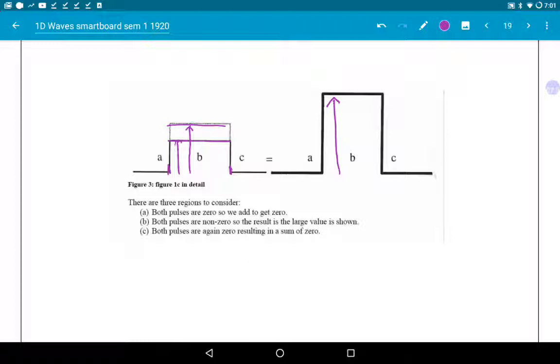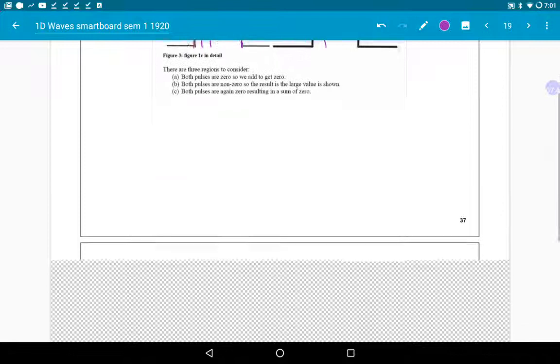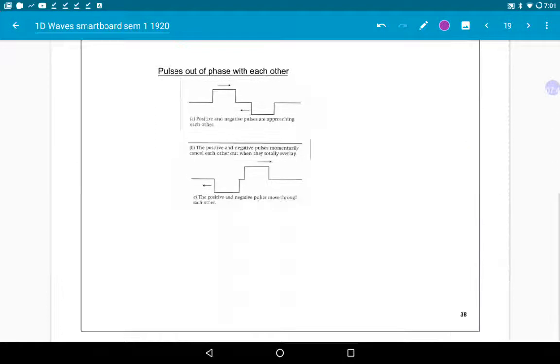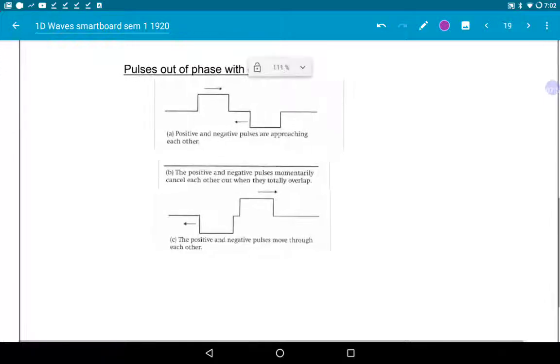All right, it's perfect constructive interference. Alright, so that was constructive interference.